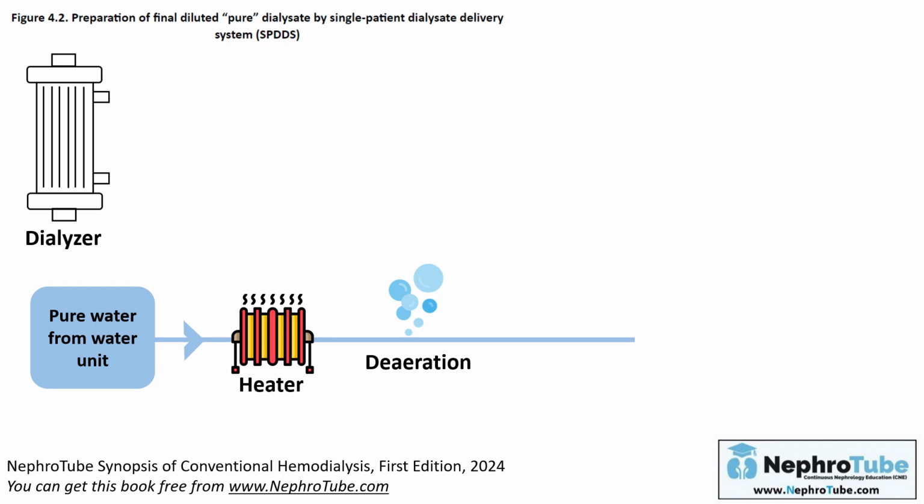This is done by applying a negative pressure on the heated water by a pump to remove these gases. Heating and deaeration of the pure water forms the first component of the single patient dialysate delivery system, which is the water preparation system.